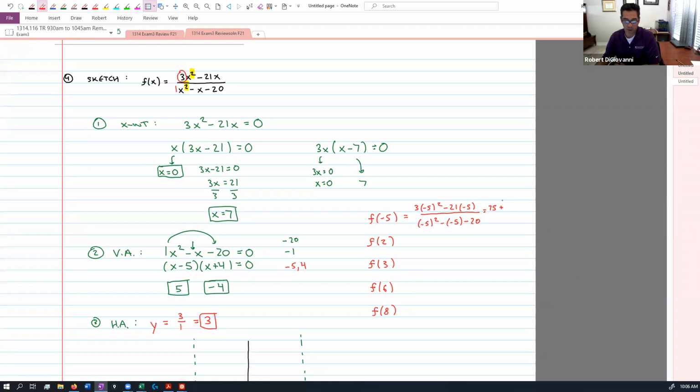I can't do simple arithmetic right now. 105 over, let's see, 25 minus a -5 is +5 and minus 20. So the top is positive and the bottom is going to turn out to be positive. So positive divided by positive is positive.